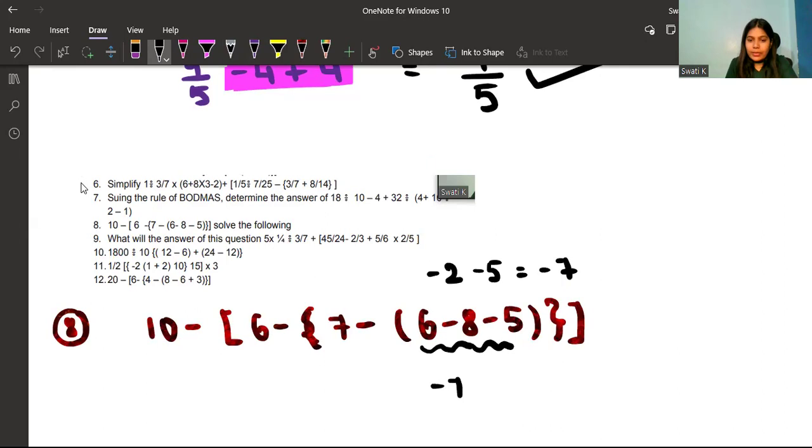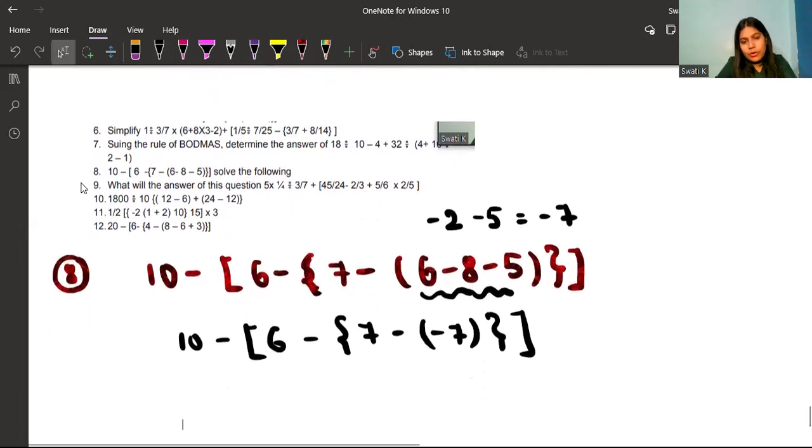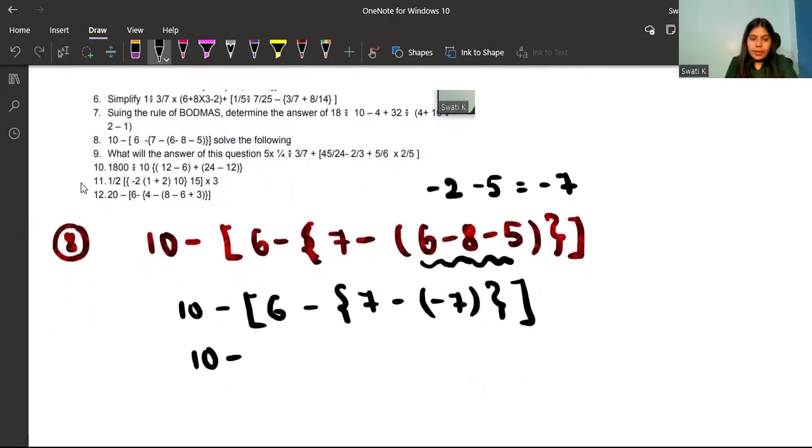So I got the answer for this small bracket, minus 7. So I'll write down minus 7. But I already have minus sign outside also, so I'll write down the small bracket till now. Okay. And then 7 minus as it is, and then I'm writing the rest things as it is, minus 6 and then minus 10. Now after this, of course, it will become 10 minus in bracket 6 minus curly bracket 7 minus into minus is plus, so 7 plus 7 is 14, which I'm going to write down in the next step.